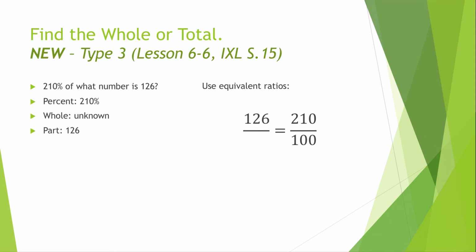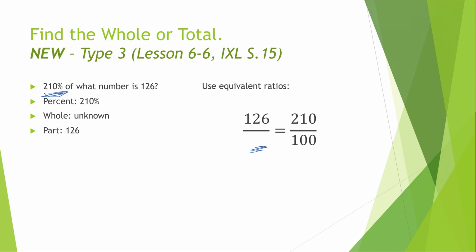Once you get to Envision, this works even when the percent is greater than 100. That may seem kind of weird that you would have a percent greater than 100, but that just means you have more than one whole, right? So 210% of what number is 126? Which means 126 is more than twice whatever this whole is, because it's more than 200%. So for this one, there's no nice way.